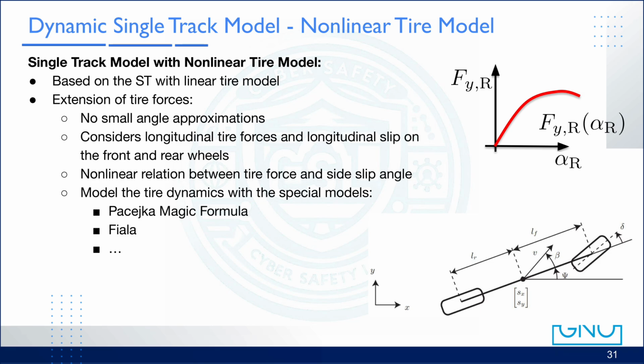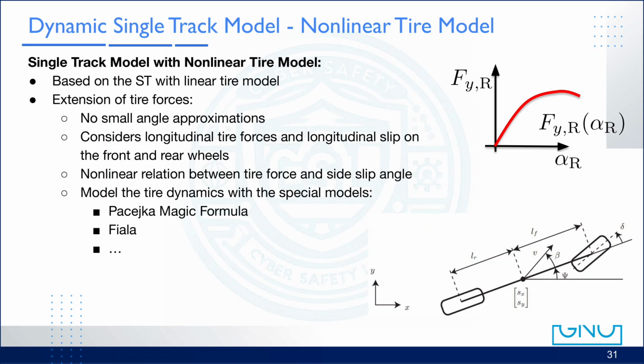This model is based on the single-track model with linear tire behavior, but it removes many of the simplifying assumptions we used before. In the linear tire model, we assume small slip angles and a simple linear relationship between tire force and slip. However, in real driving, especially during sharp turns, acceleration, or braking, this assumption no longer holds.